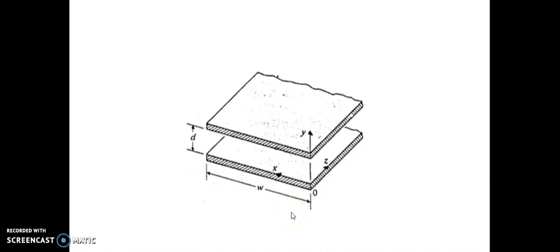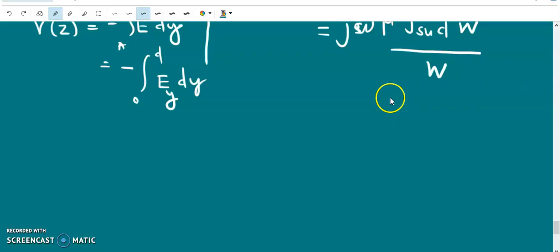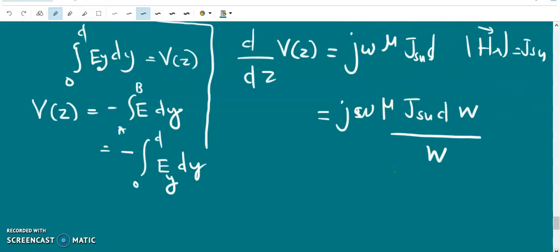The surface current density is defined as the current flowing per unit length in a direction perpendicular to the flow of current. Even though it is called surface current density, it is current per unit length. We have already defined that. So Jsu is I by W. So Jsu into W gives the current I of z. So Jsu into W is the current.